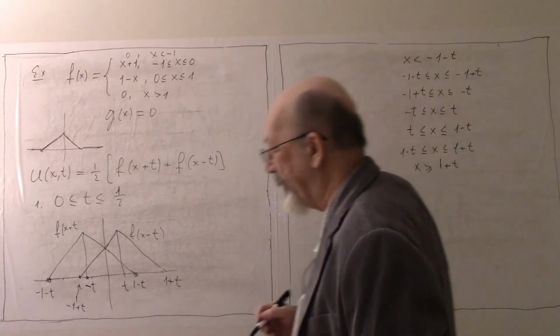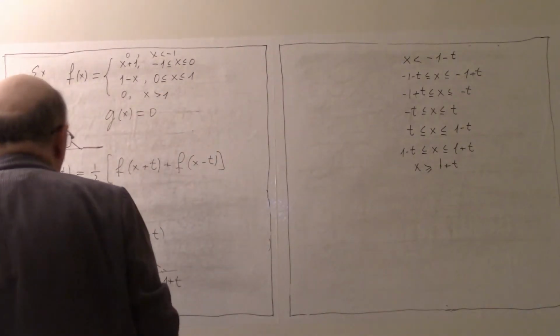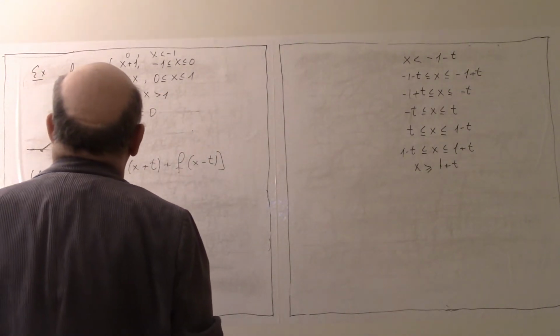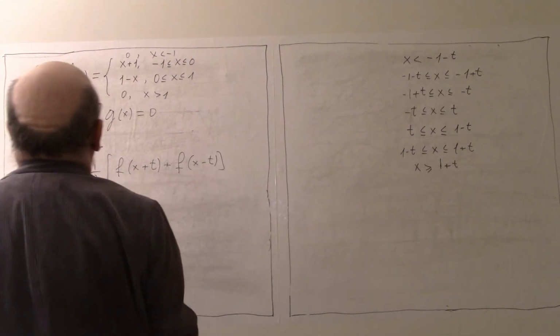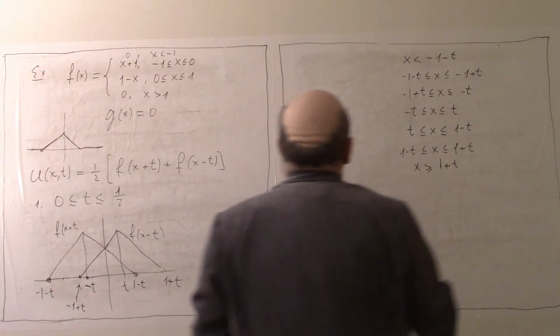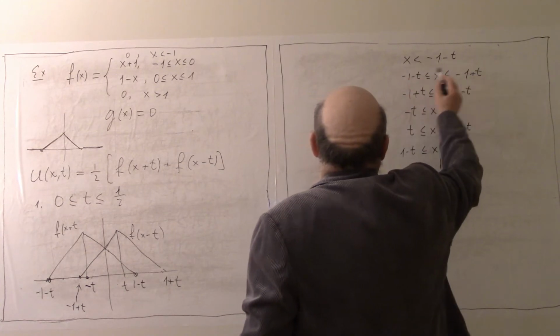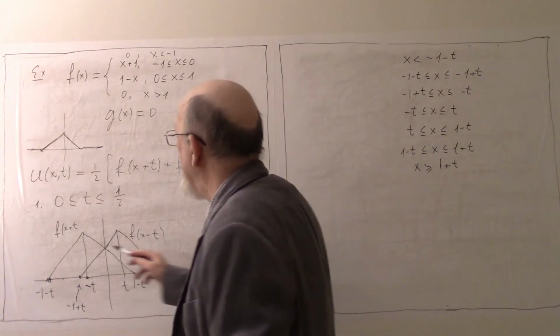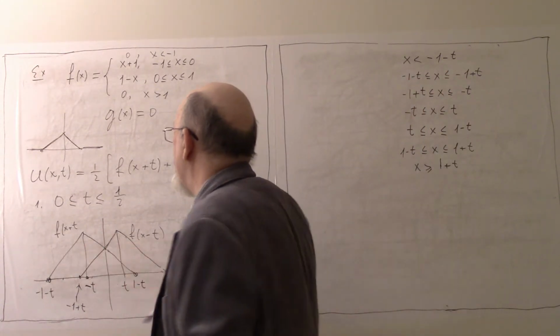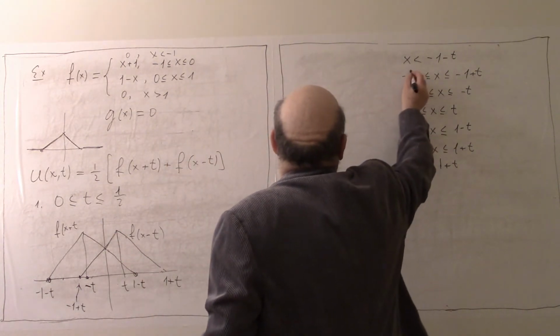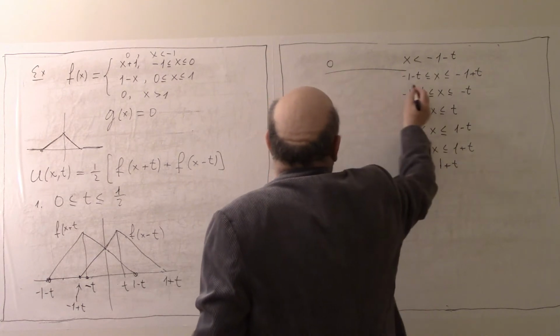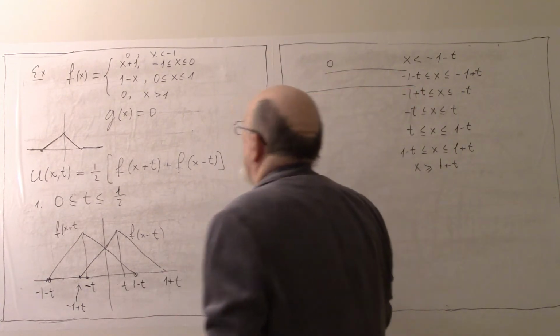And in each of these domains we have to write the function. So it is f of x plus t plus f of x minus t. Okay, here when x is less than minus 1 minus t, both functions are 0. So here we write 0. What do we write here?